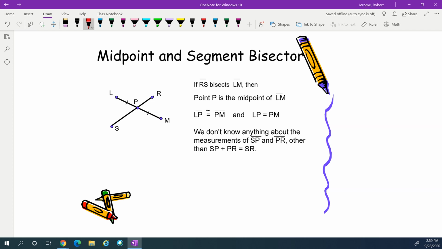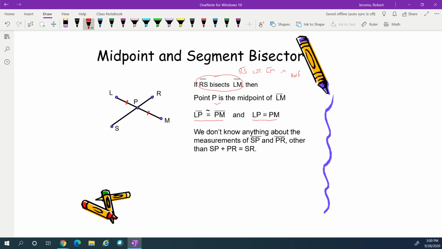That's how we have to translate it. So again, when I see this, that means RS cut LM in half. And those are segments. So I know LM got cut exactly in half, making the two little pieces congruent, making their measurements equal.